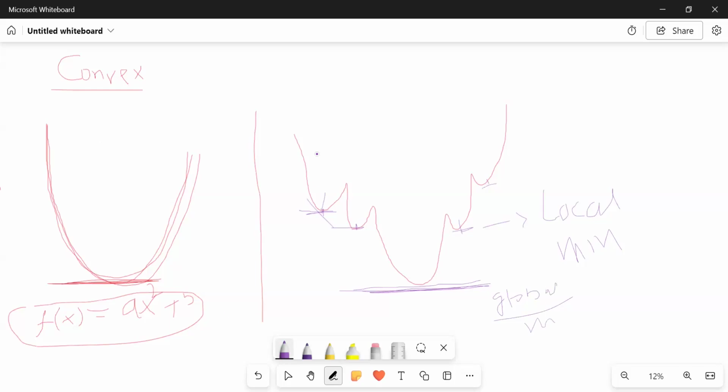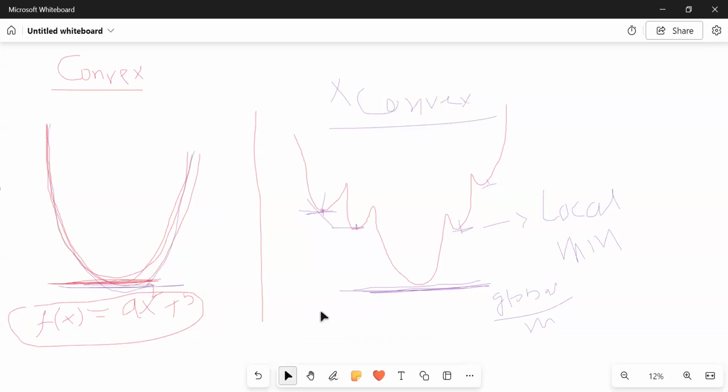Okay. So this graph is not convex. This is called a non-convex graph. So in a convex graph, there will be just one global minima or global maxima, just one minima or maxima, right?